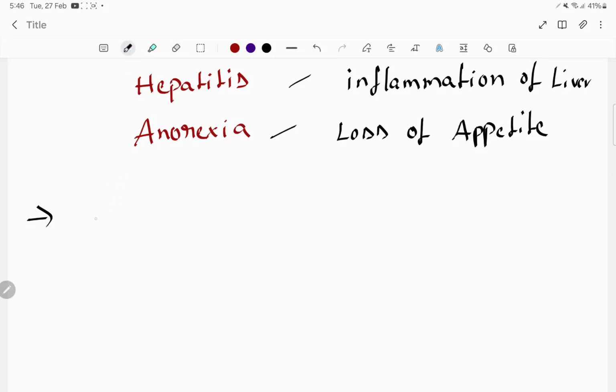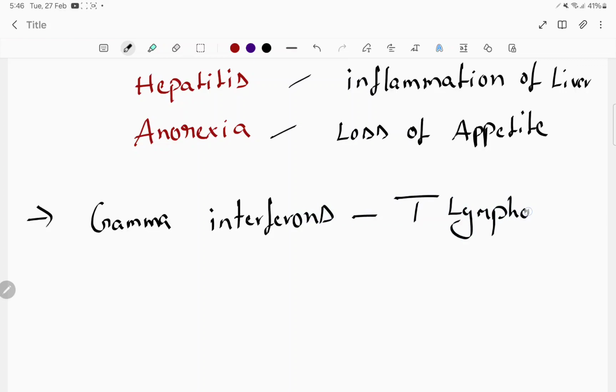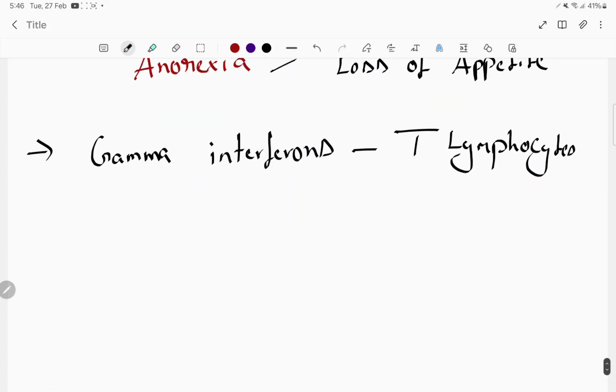Gamma interferons are produced by T lymphocytes. So, an example of secondary lymphoid tissue is MALT, mucosal associated lymphoid tissue.